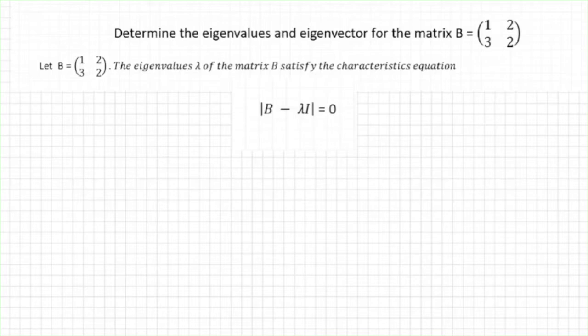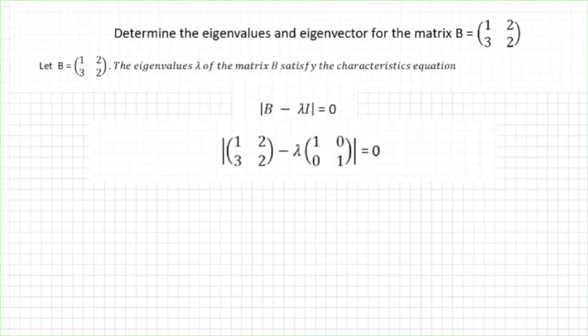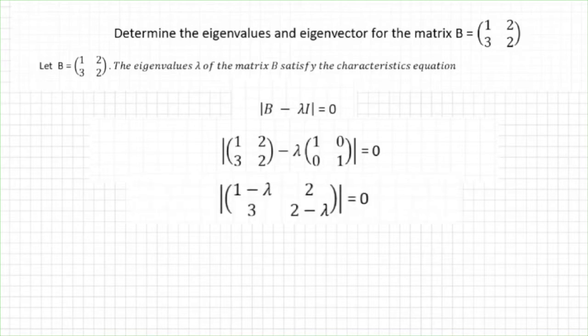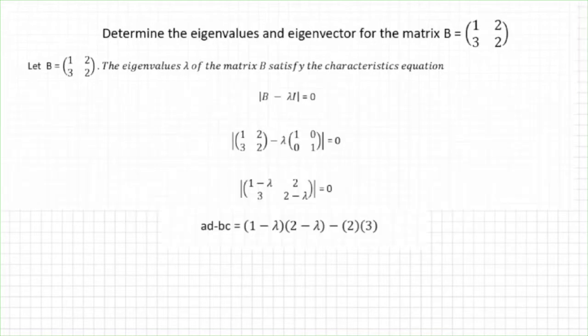First, we need to insert the matrix B and the identity matrix in the equation. So it should be like this. After that, we proceed by multiplying the λ. So we will get [1 − λ, 2; 3, 2 − λ], and the determinant equals 0. By using the determinant ad − bc, we get the equation.